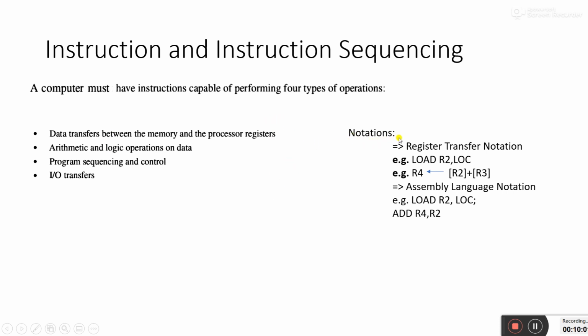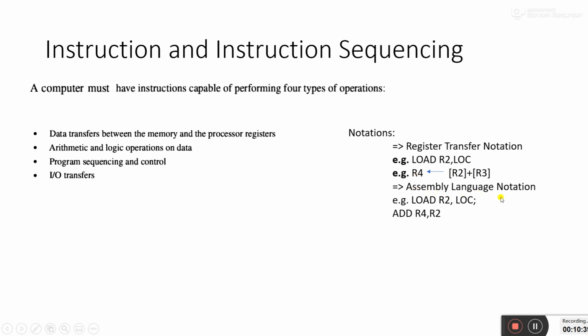To understand this, we have two types of notation for our computing system. One is register transfer notation. In this notation, we express everything in terms of registers, loading registers. For example, if it is load R2 location, that means from a memory location, the data will be copied to the R2 register. And if R2 plus R3 is there, then the data of R2 and the data of R3 will be added, and the result will be stored in the R4 register.